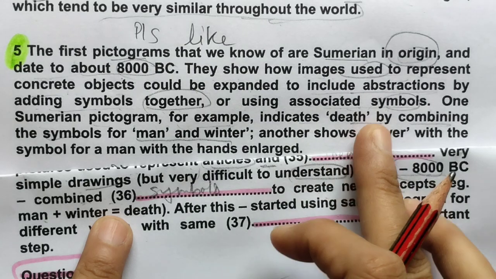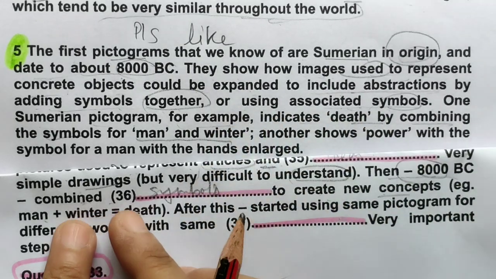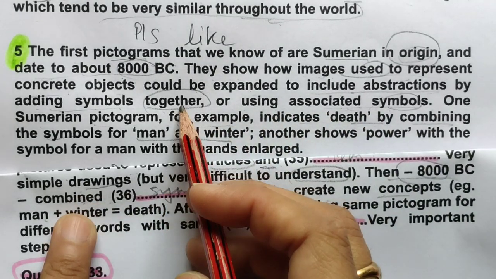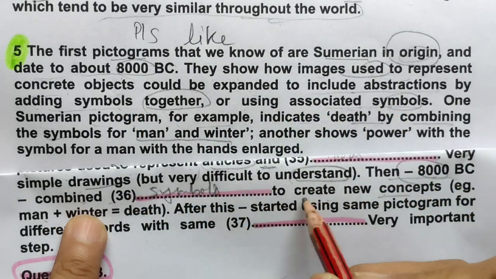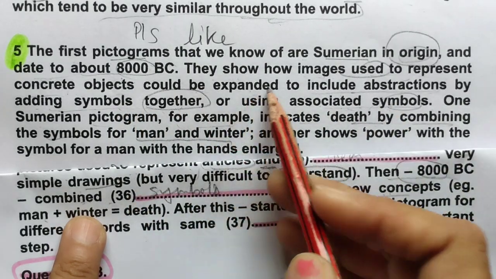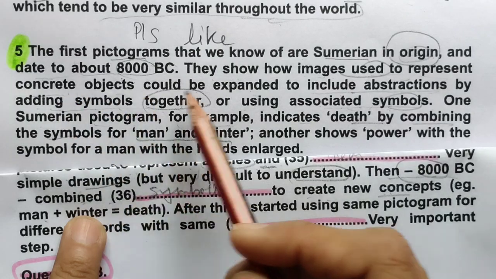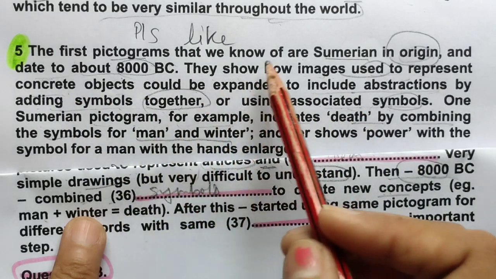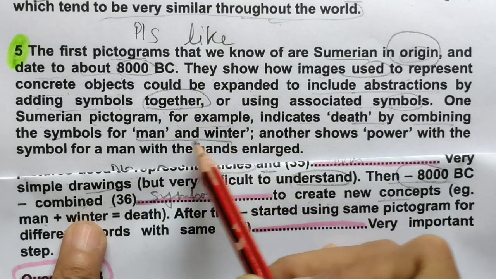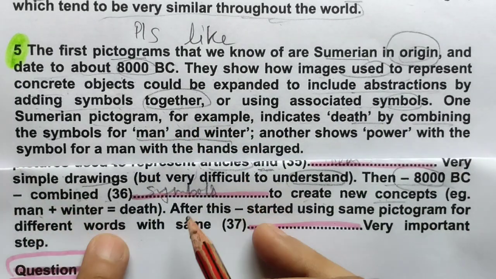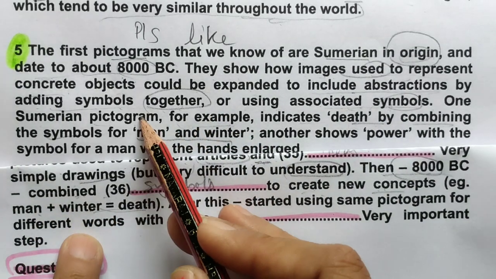Okay, see this, everything we have got, 8000 BC combined. Combined means together, or using associated symbols to create new concept. Concrete object to abstractions. Definitely we can't get each and every word. Yeah, this is perfect. So this also we have got from this paragraph.